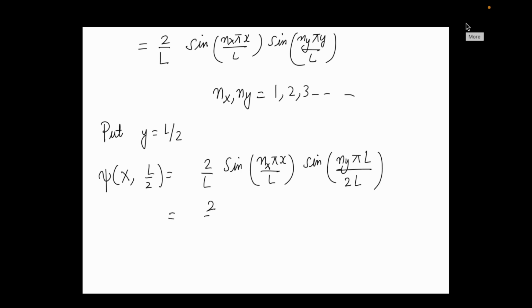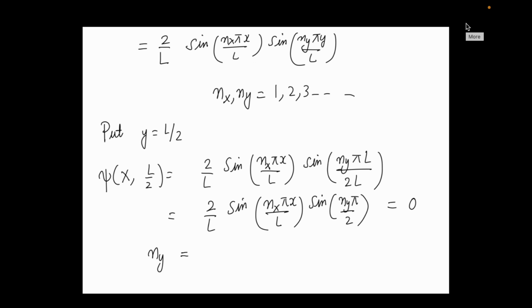That means if this is 0 only for this y, then your ny has to be 2m, basically an even number.